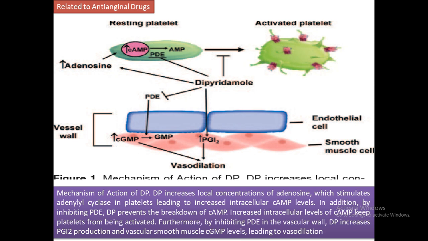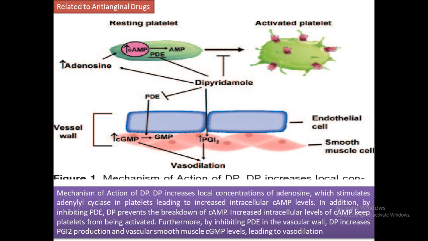So cGMP level will increase, and the myosin light chain concentration will increase, and it will cause the relaxation of the smooth muscle and vasodilation, and increase the prostaglandin I2 also in the endothelial cell.